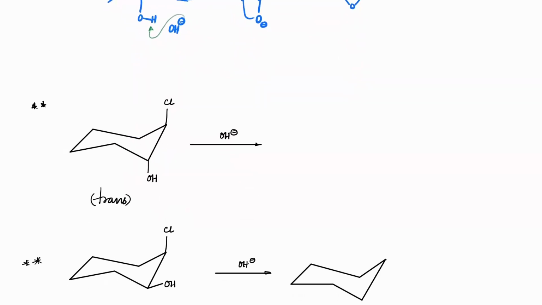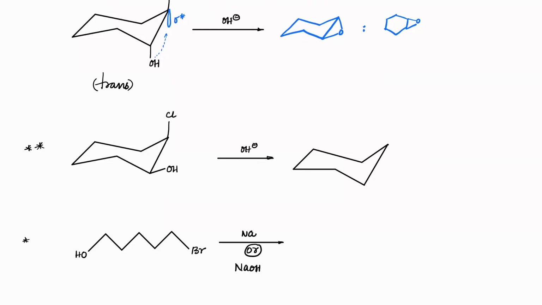Now, in case they are opposite to each other, correct? In case they are opposite to each other, then you know that the sigma star orbital of chlorine would be more easily accessible for this O minus. Hence, the product you will report when both of them are in axial direction is this one, which is an ether like this, cyclic ether.